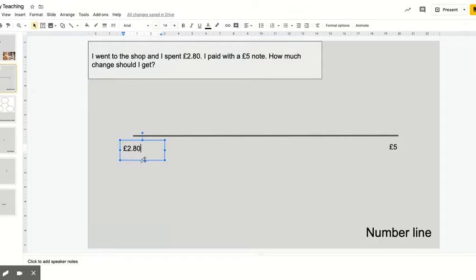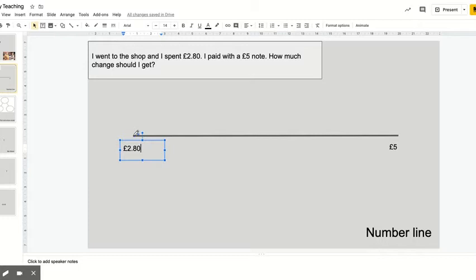So from £2.80, I'm using my number bonds to 10, because my number bonds to 10 are pretty much the same as number bonds to 100 when we're talking about multiples of 10. So I know 8 plus 2 would get me 10. So I know 80 plus 20 would get me to 100. And that's good because there are 100 pennies in a whole pound.